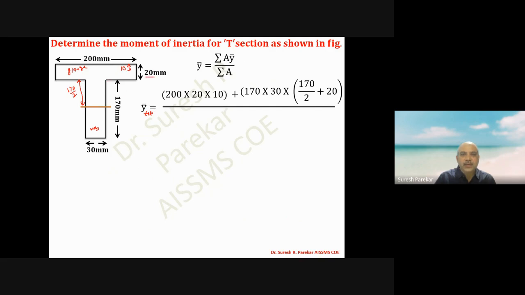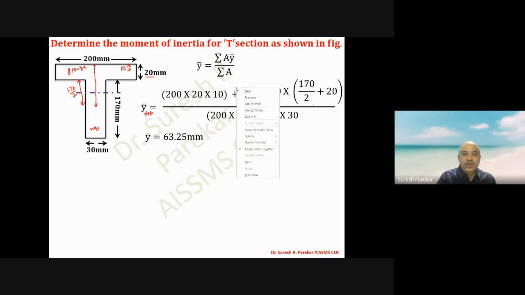So from top we have this distance equal to 170 by 2 plus 20, divided by the total area 200 into 20 plus 170 into 30, and from this we will get the value of y bar as 63.25 millimeter.